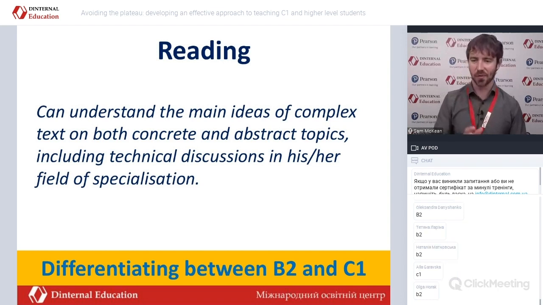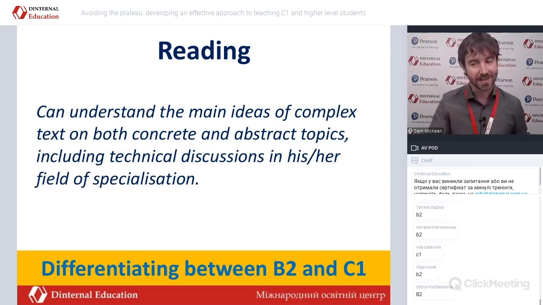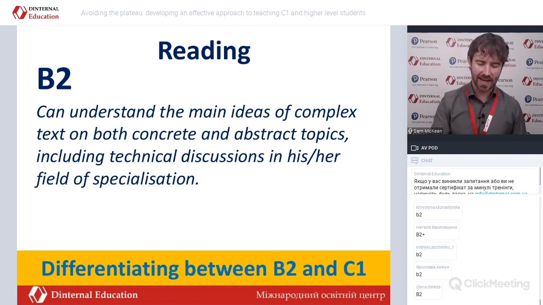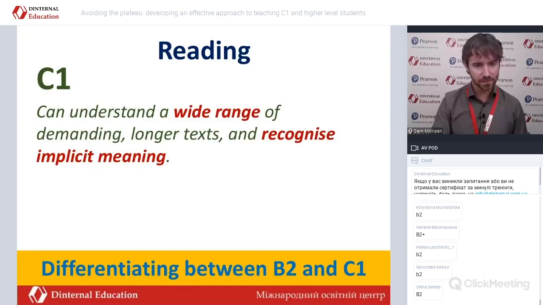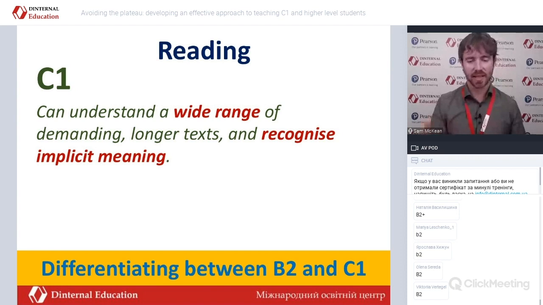Yes, I'm seeing lots of correct answers there. So this actually refers to B2. If we look at the can-do descriptor for C1, we can see that higher level students, so students who are C1, should be able to understand a wide range of demanding and longer texts, and also recognize implicit meaning in texts.